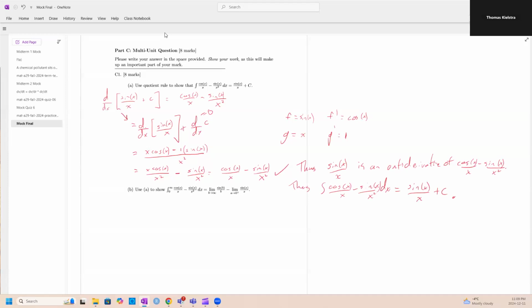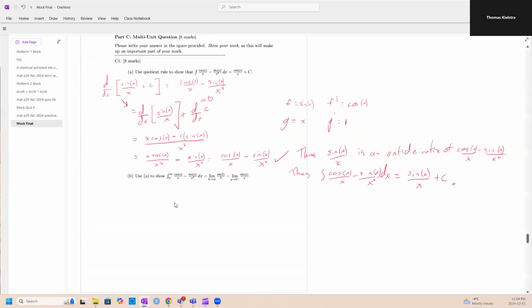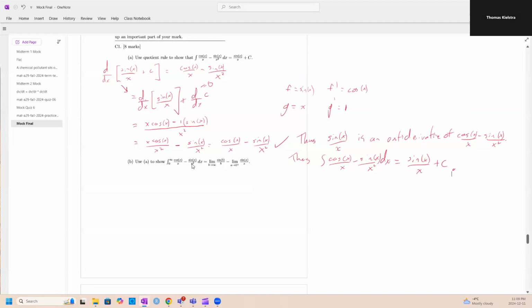Next, what we're going to do is show that this limit, this here, equals the limit as b approaches infinity of sine b over b minus the limit as a approaches 0 from the positive side of sine a over a. To do this, we note this expression is an improper integral.